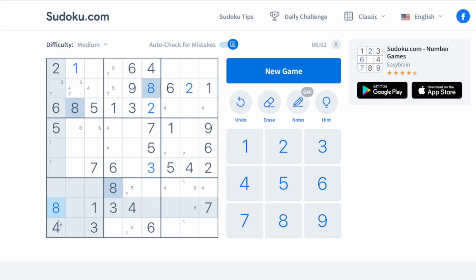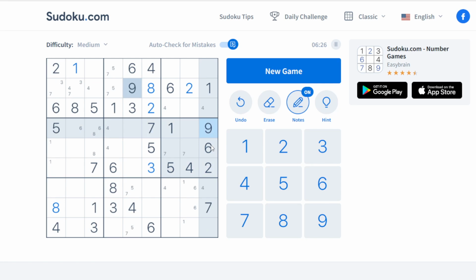I don't believe we can make any other notes for the 8s unless it's right here. We can make a note of the 8s that could go right here. And now I believe that's it for the 8s.